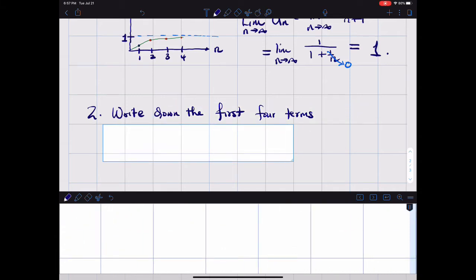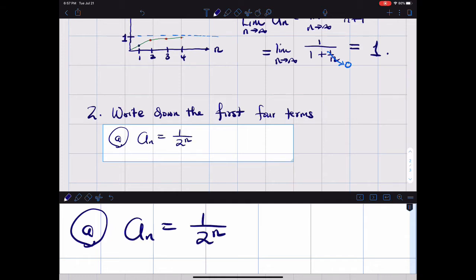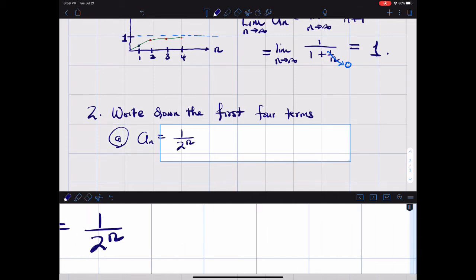Okay, so say a_n is 1/2 to the power of n. Or actually, I want to write it this way. But know that this is the same thing as 1/2 all to the power of n.